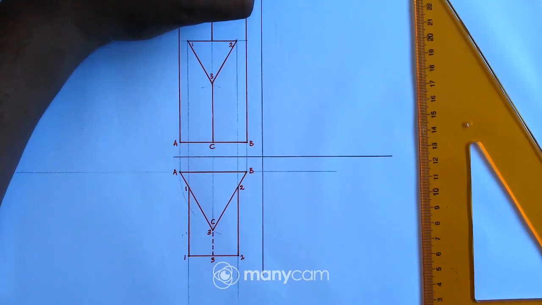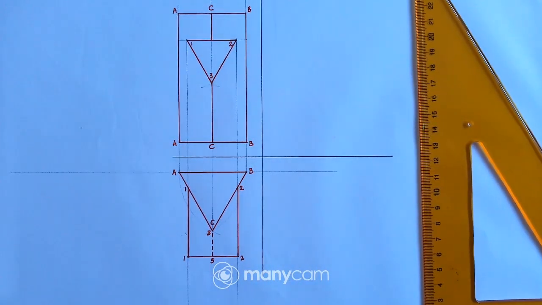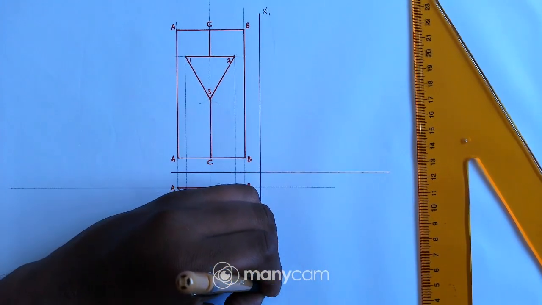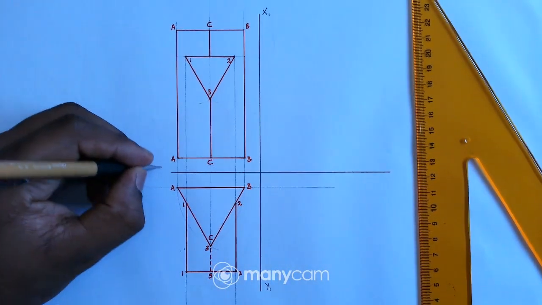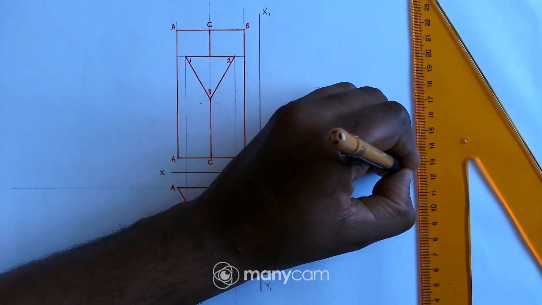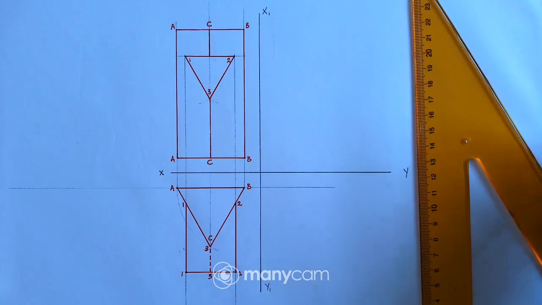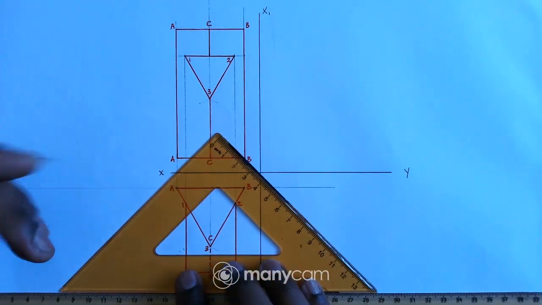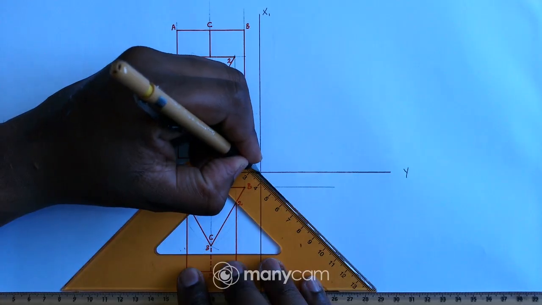So this is X, X1, Y1, and this one is X, Y, just like that. Okay, so I have to add my 45-degree line right there, just like that.